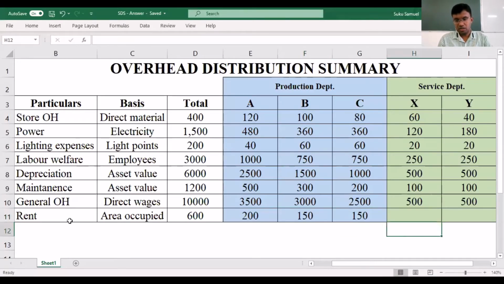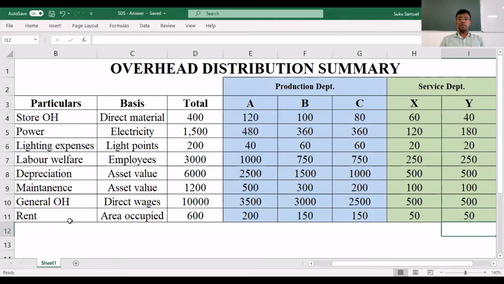Since the values are the same, this should also work out to be 150. And then for the last two, let's quickly calculate that. Here it would be 200 divided by 2,400 into 600. This works out to be 50, and here also it is 50.